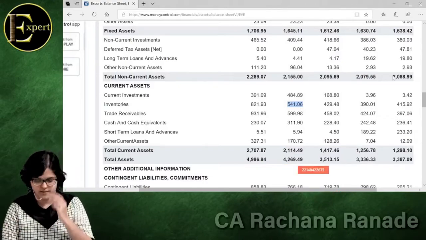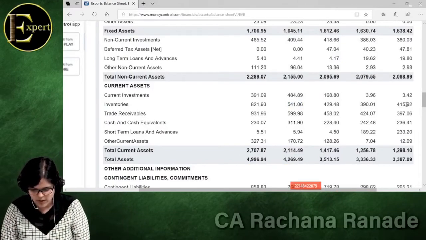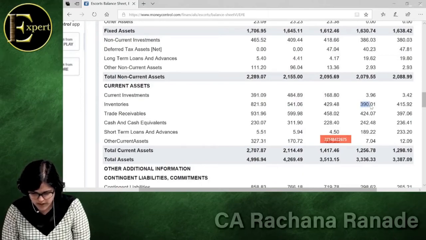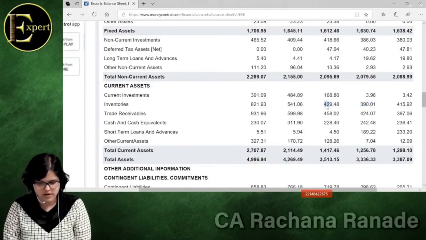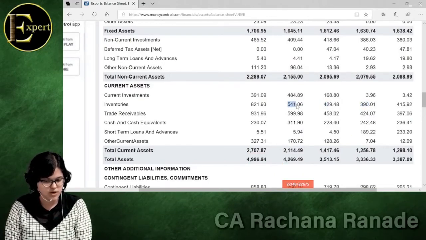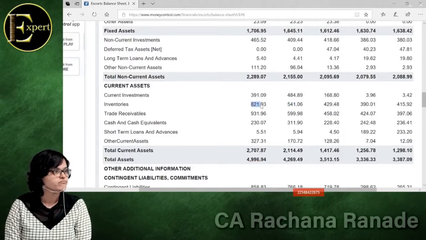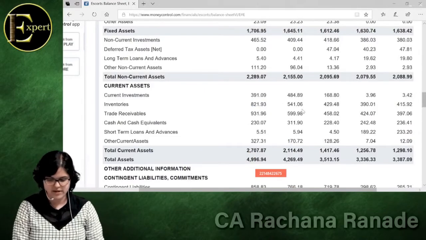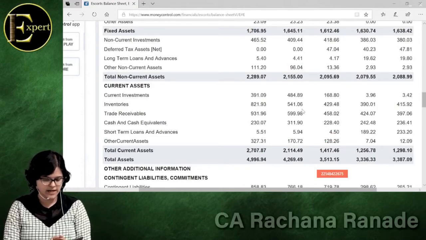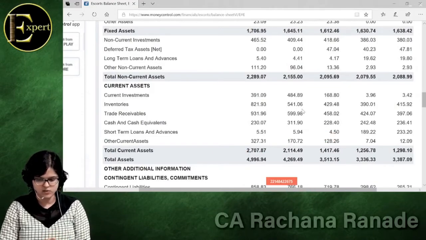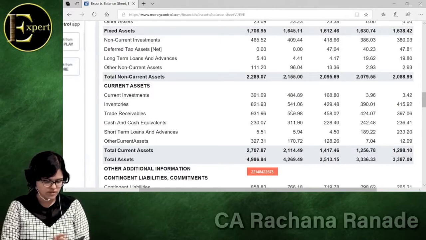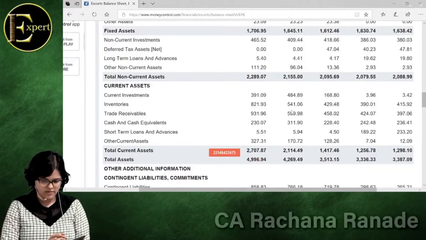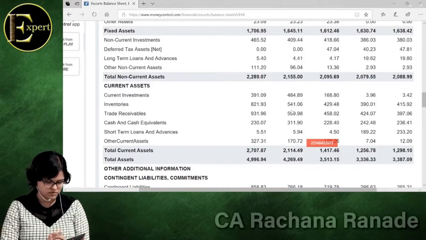But what has happened? See, on an average, if you check 400s, this is also close to 400, jumping to 541 and jumping to 821. So if we can quickly calculate the percentage increase in inventory, how will we calculate it? 821.93 minus 541.06 divided by 541.06.